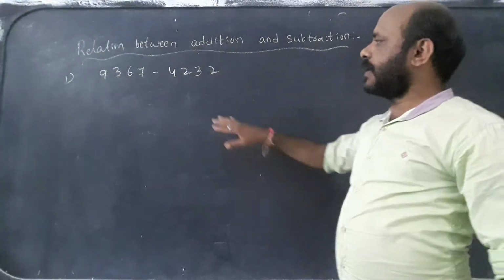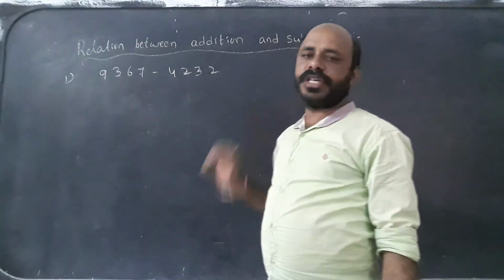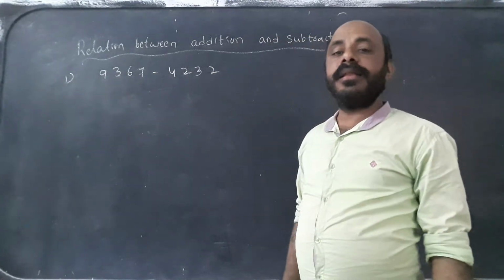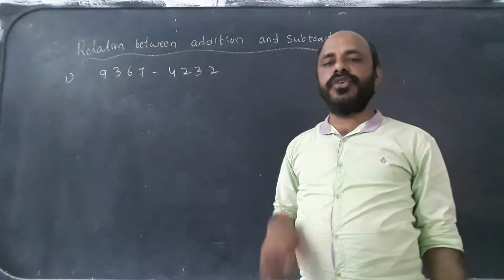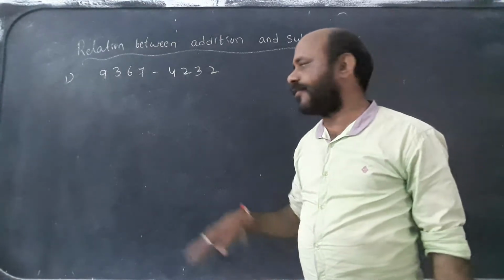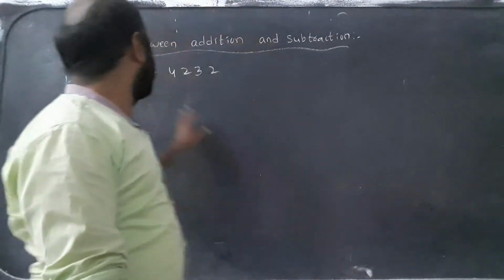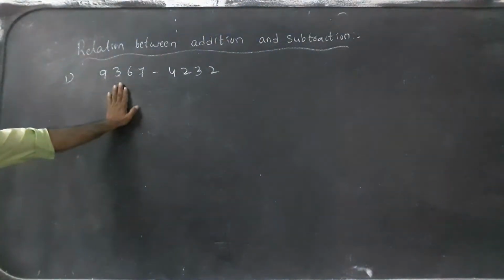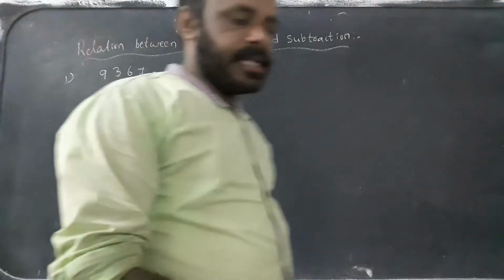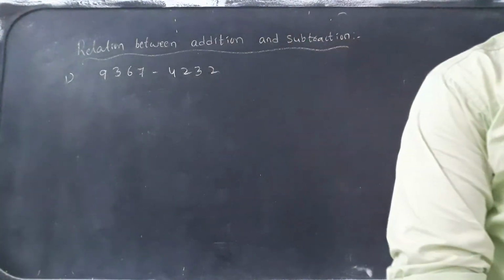First he gave subtraction, means we have to do the subtraction. Then after subtraction, whatever difference we got, if we add to the difference, we will get the same number that was there first. That is what we have to make.